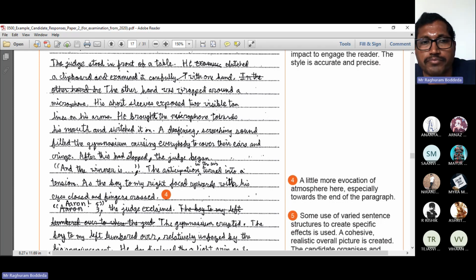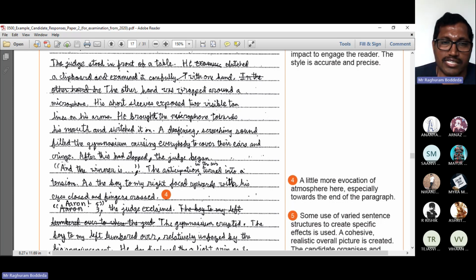One more element. He brought the microphone towards his mouth and switched it on. A deafening screeching sound filled the gymnasium, causing everyone to cover their ears and cringe. So maybe the muscular personality and the kind of exercises he does, we can talk about that.